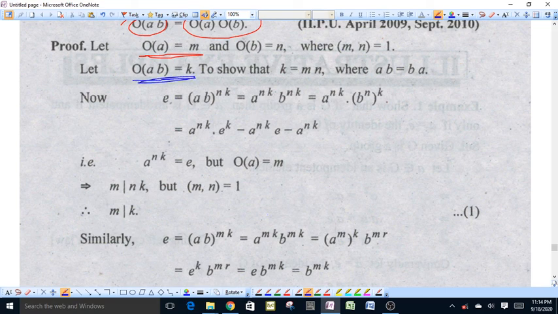Let the order of AB be equal to K. To show that K is equal to MN, where AB is equal to BA.